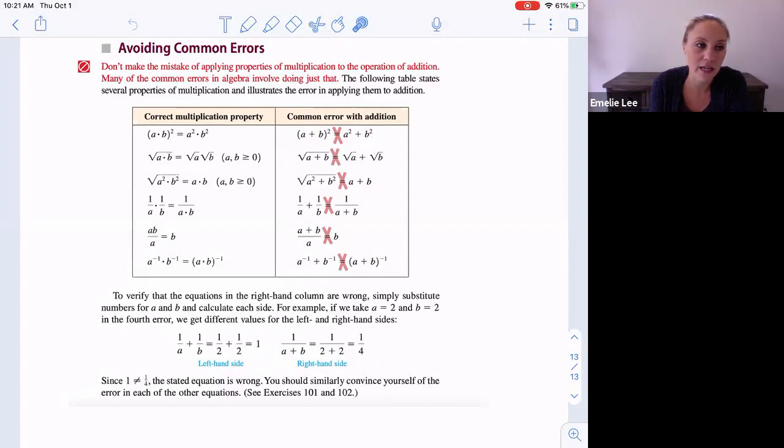We already looked at that, right? If we're adding or subtracting inside the square root, we can't break up the square root. They're very common errors that people make all the time, so you just want to keep those in check and drill them into your head.